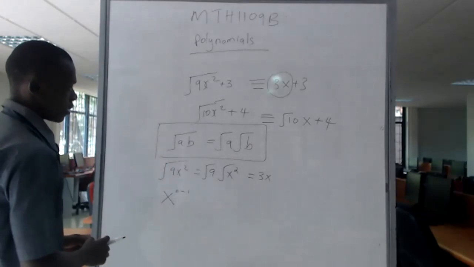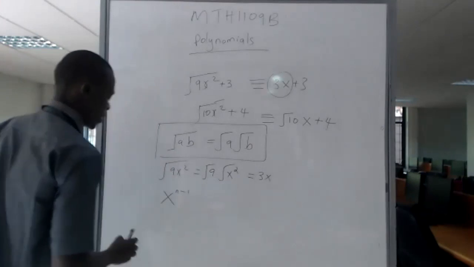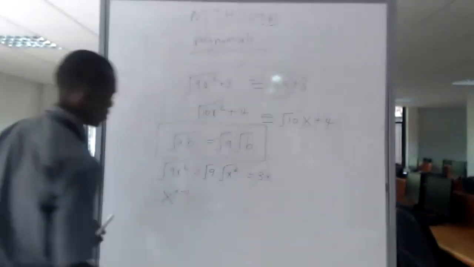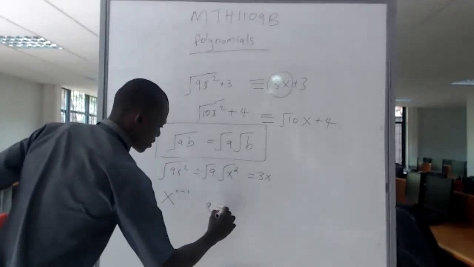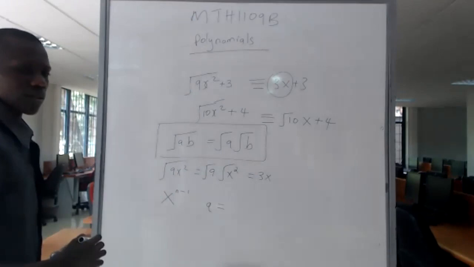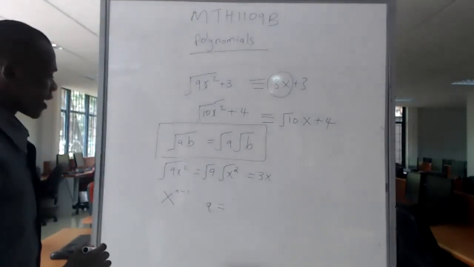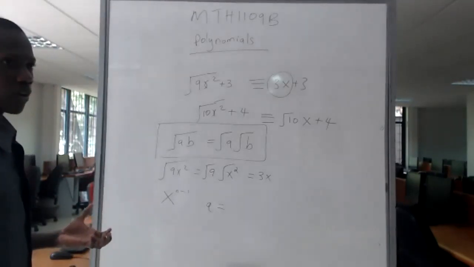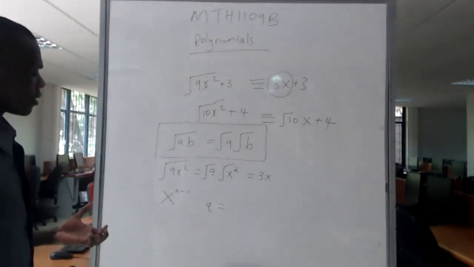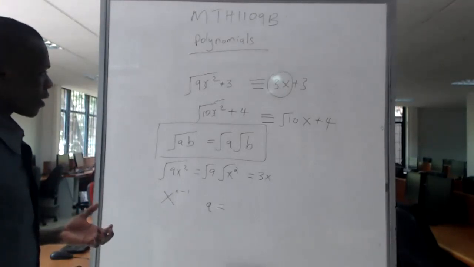A to base n. What is a to base n? The example you gave us, my definition of polynomial. A to base n, and then x to the n minus 1.